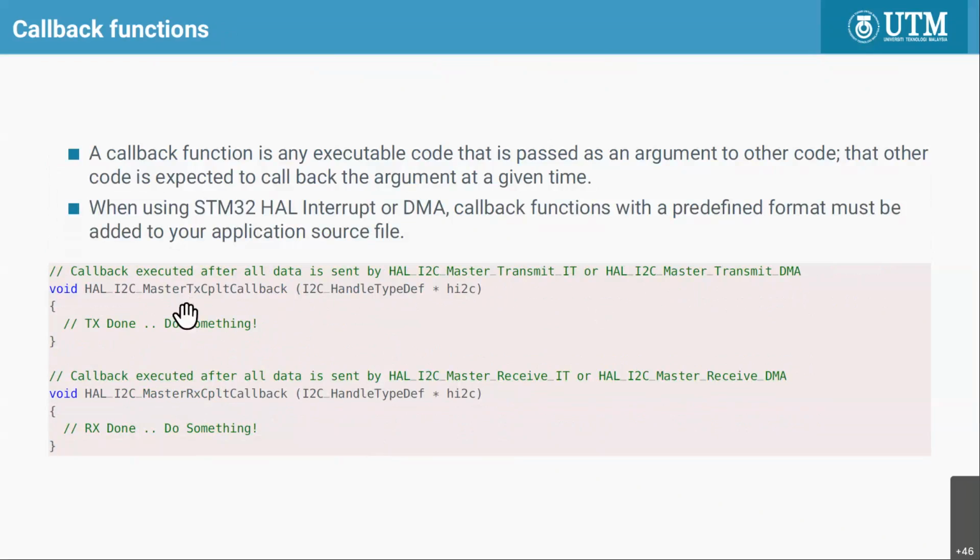You just prepare the function, and when the DMA or interrupt routine is finished, this will be executed. So you can put something here like a message, or set a global variable telling the main program that the transmission is done. When receiving, it's the same idea, but of course this is for receive, and the name is slightly different. Before it was master TX, here it is master RX, different by only one character.